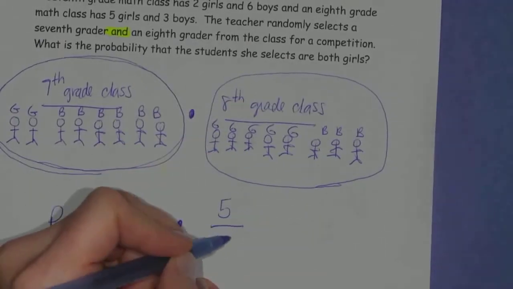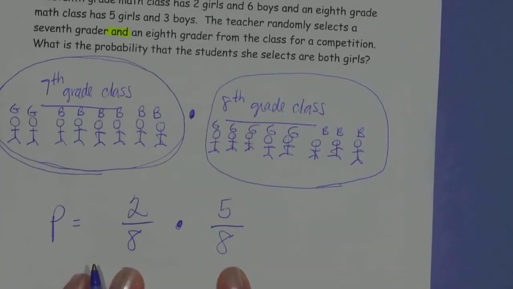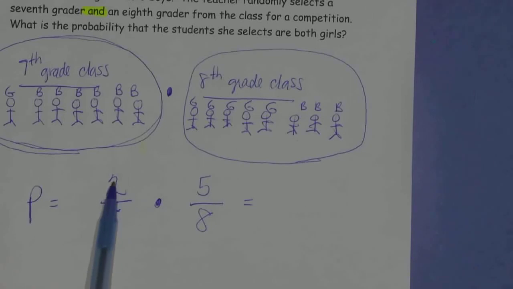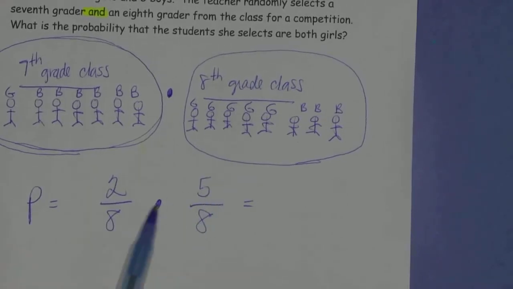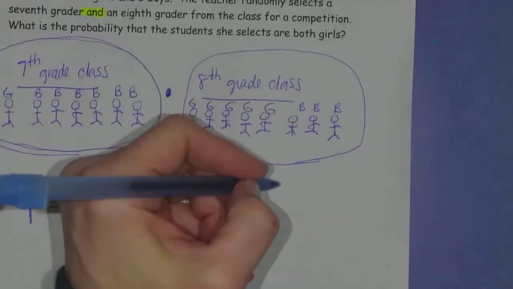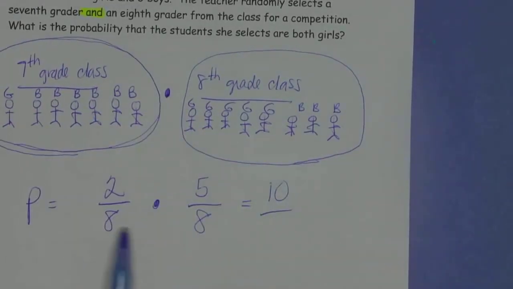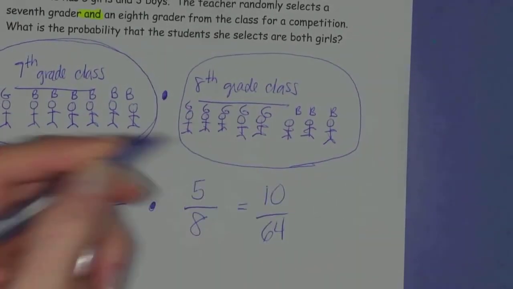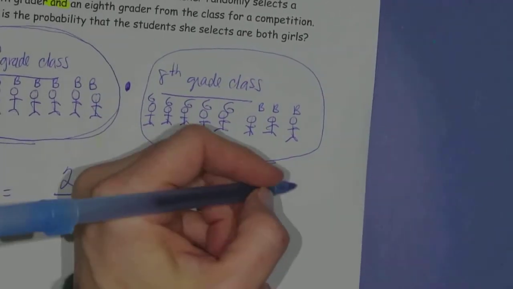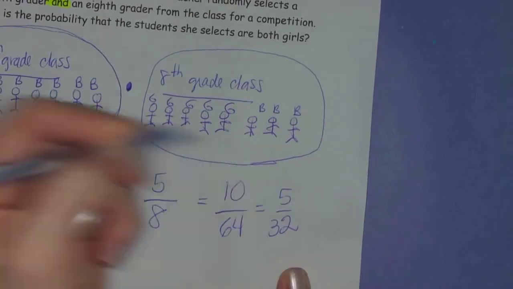They both have 8 total students. Now, when we multiply fractions, we truly just multiply numerator to numerator, denominator to denominator. So 2 times 5, 10. 8 times 8, 64. This will reduce. They're both divisible by 2. So this will reduce to 5 out of 32.